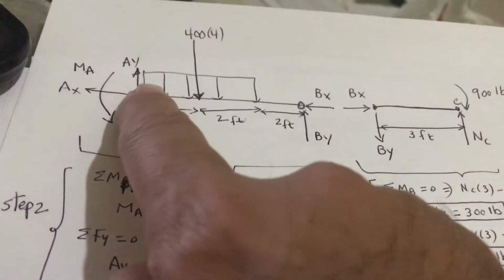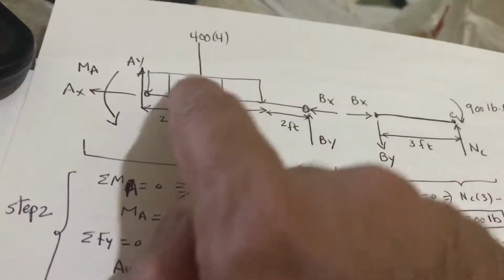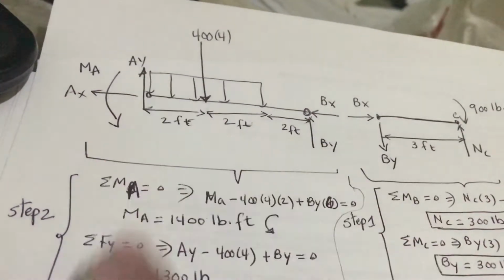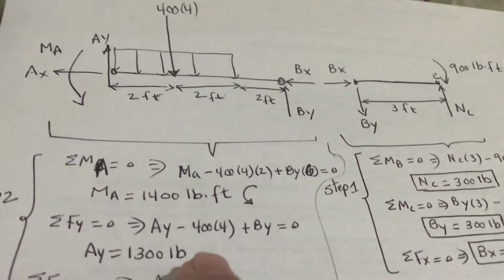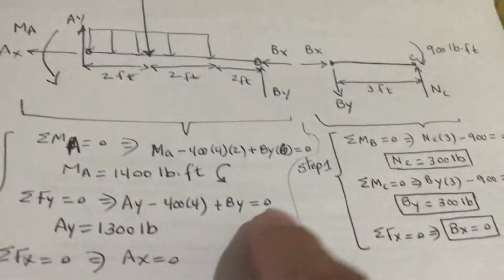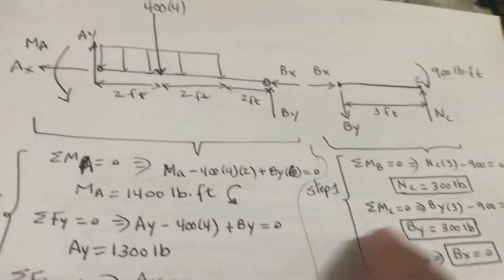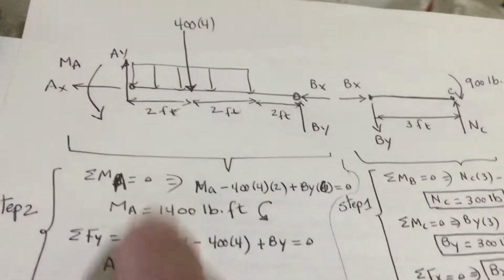Since we found the moment, now we know By, and we can find Ay. Summation of forces in Y equals 0, Ay going plus, this going negative, and this going plus By. Remember By, we found before, 300 pounds. So Ay is equal to 1300 pounds.